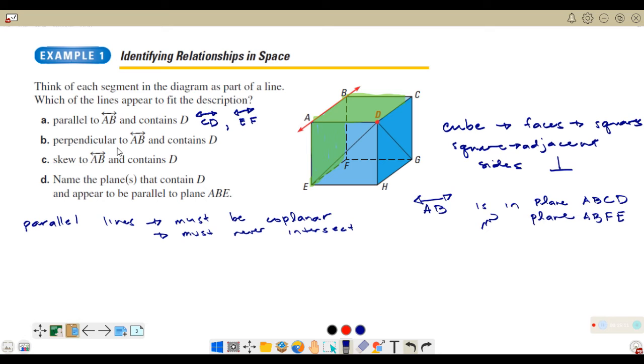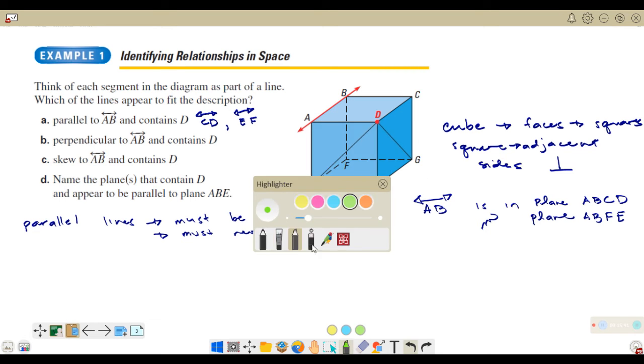So, perpendicular to AB and contains D. So, dapat daw, kasali tong point na to, si D. Clear muna natin tong ating space. Tapos, tingnan naman natin kung sino-sino yung mga magko-contain kay D. So, ilan yung mga planes na nagko-contain kay D?